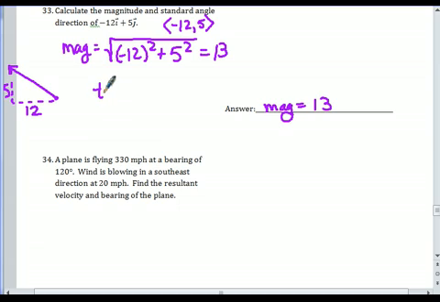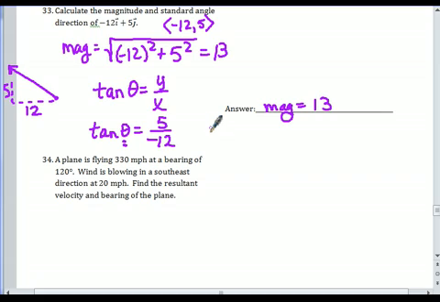Now we need to find the direction of this vector. On our foldable, we have this formula that tangent of the angle is equal to y over x. In this case, tangent of theta is going to be equal to 5 over -12. Now remember, we are looking for an angle here, theta. Anytime you're looking for an angle, we need to do an inverse trig function.